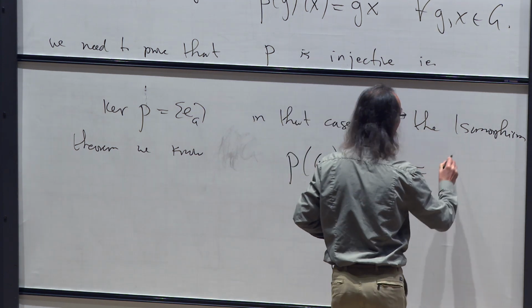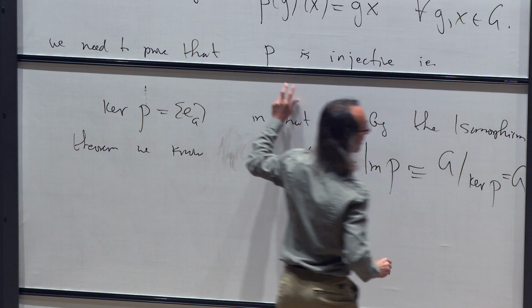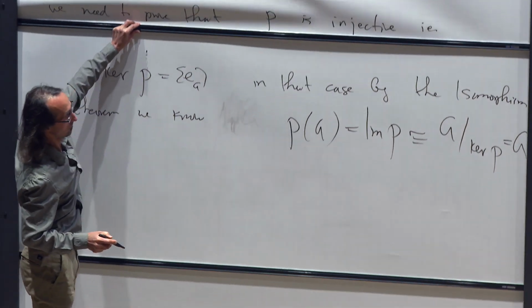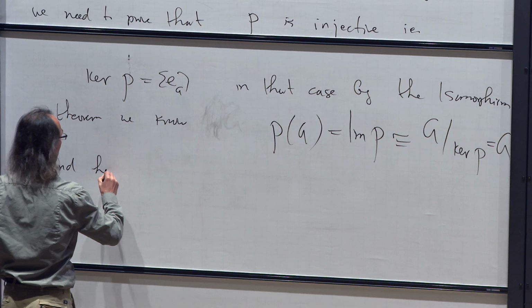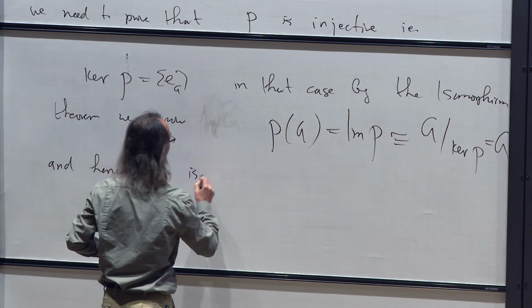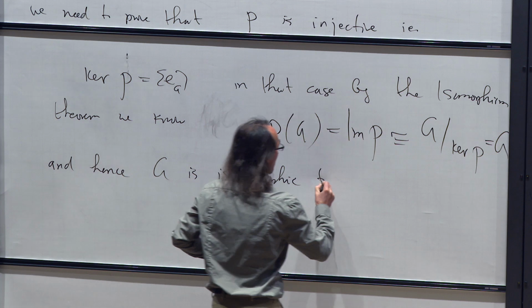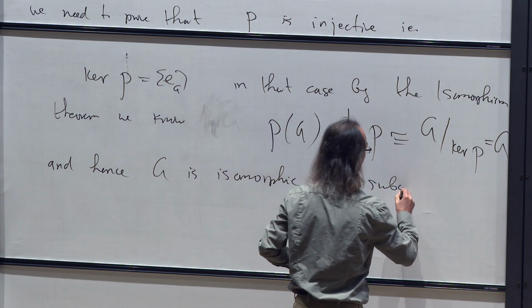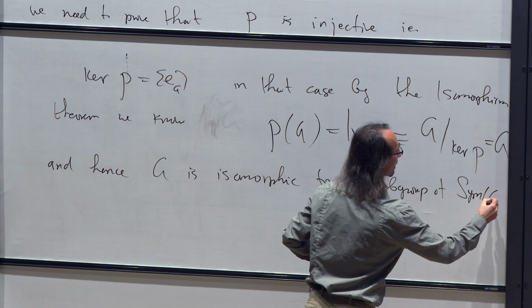This is isomorphic to G modulo the kernel of rho, which is just G. Yeah. And hence, G is isomorphic to a subgroup of the group of permutations of G.